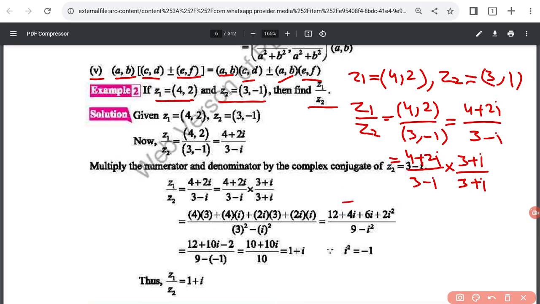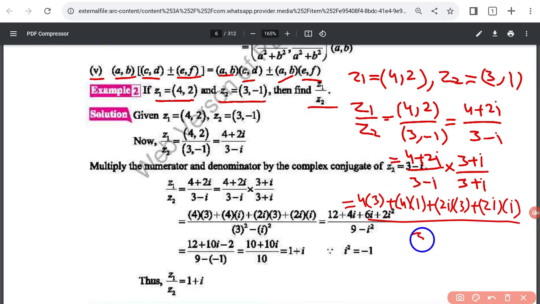So we can start from here. Then we have 4 multiplied by 3 plus 4 multiplied by iota plus 2 iota multiplied by 3 plus 2 iota multiplied by iota.